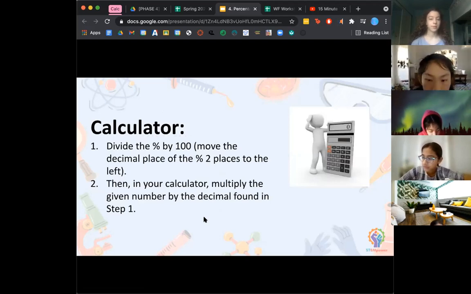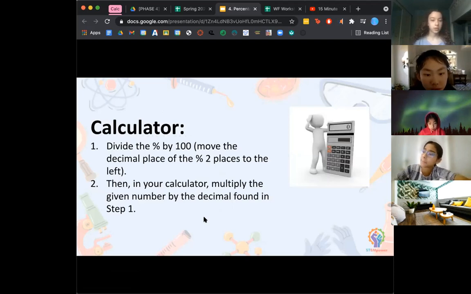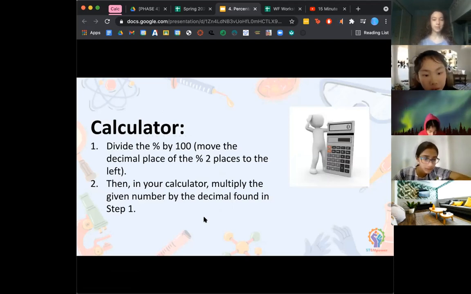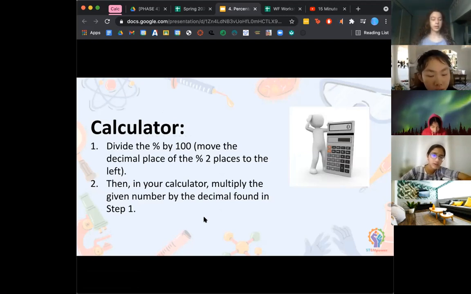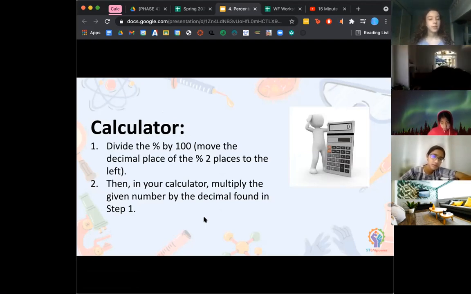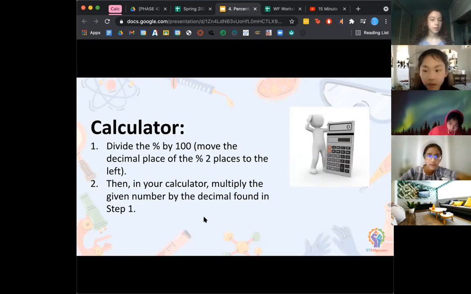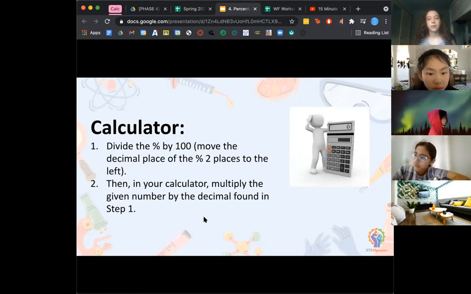So just like Brittany said, on the calculator, you can just divide a percentage by 100, or move the decimal 2 places to the left. So that's the same thing. Then multiply your decimal by the given number. So for that one, you would do 35 divided by 100, 0.35, and then multiply by 250.